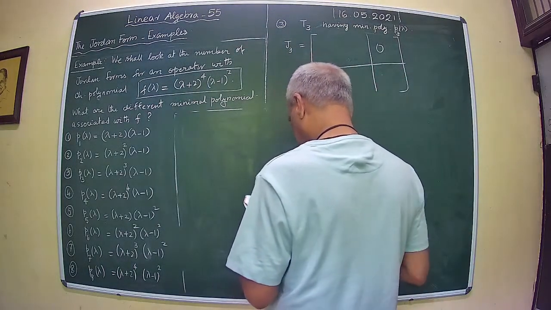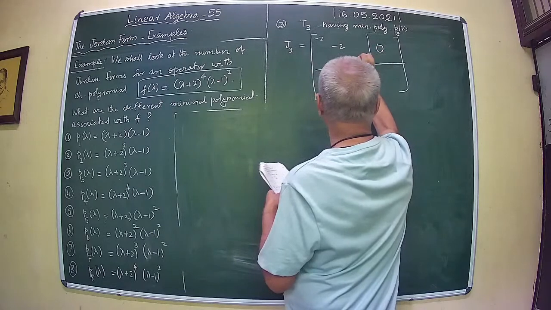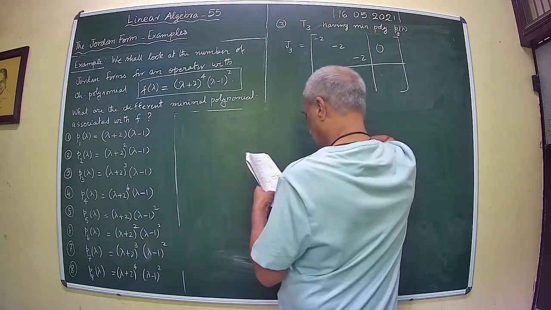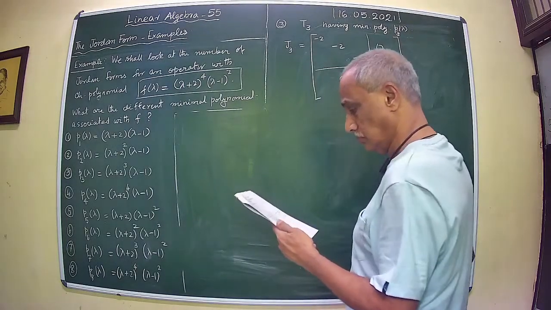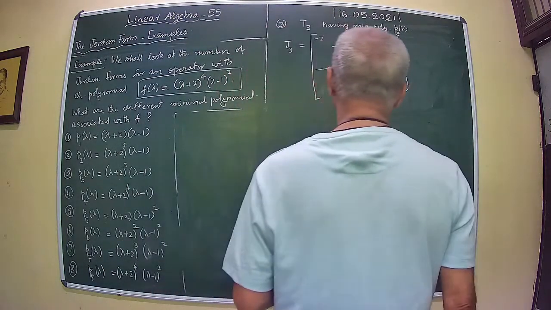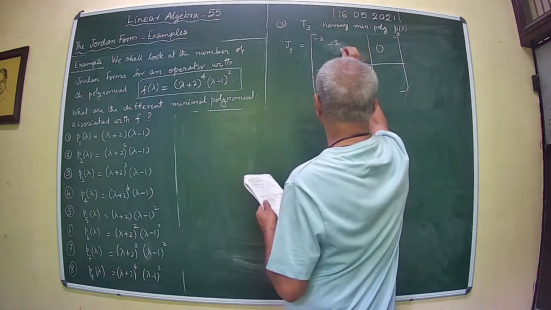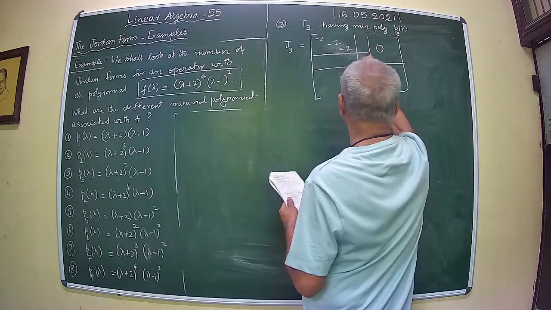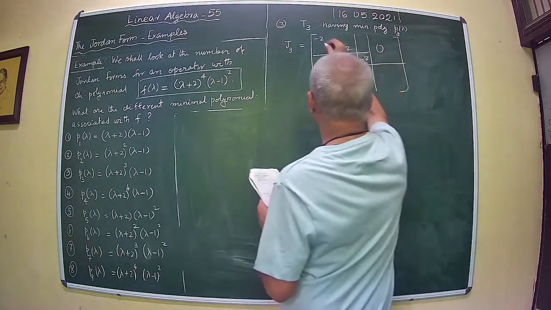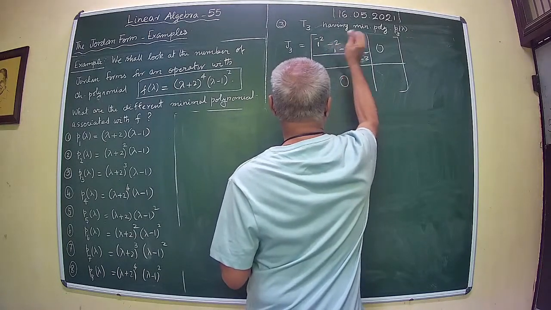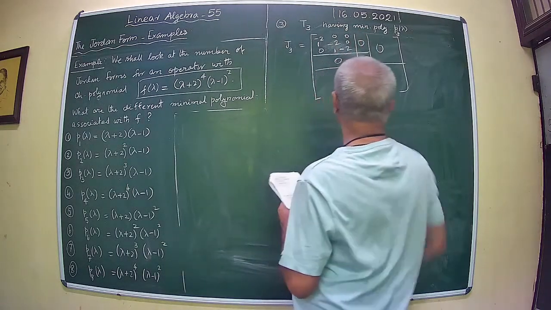And this is equal to minus 2, minus 2, minus 2, 2 here, and you have 1, 1, 0, 0, 0, 0 here.